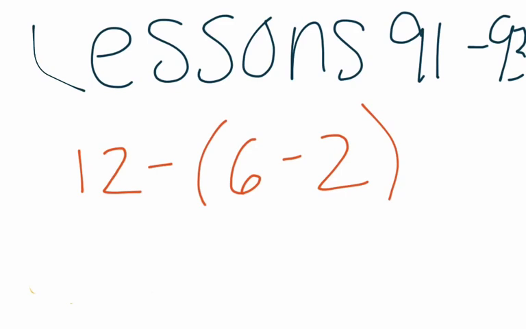The importance of doing what is inside the parentheses is going to make the answer correct or not correct. Let me show you the difference. 6 minus 2 is 4, and 12 minus 4 equals 8.